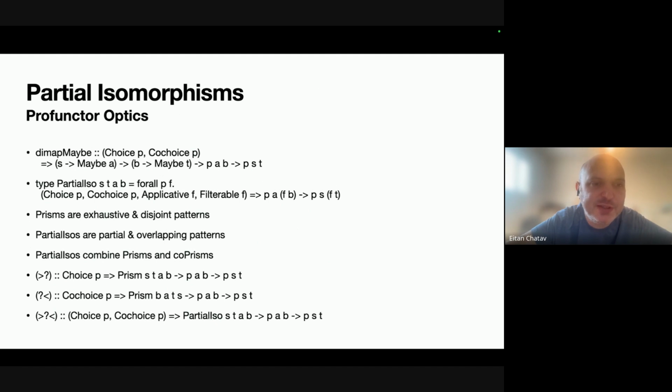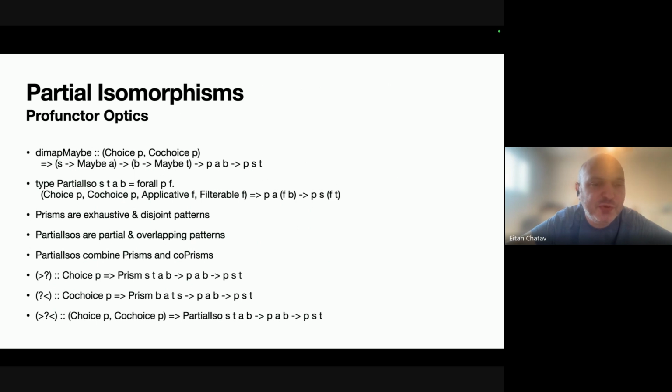So we can define the partial iso optic by restricting p to be both choice and co-choice, and f to be both applicative and filterable. This way, every prism is immediately a partial iso, and every iso is immediately a partial iso.